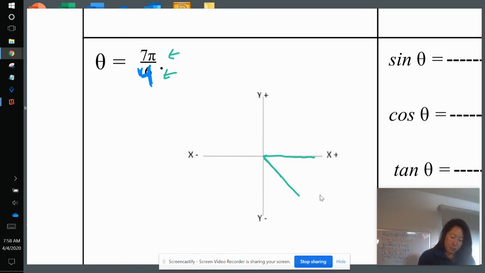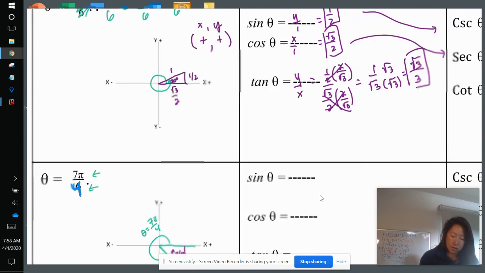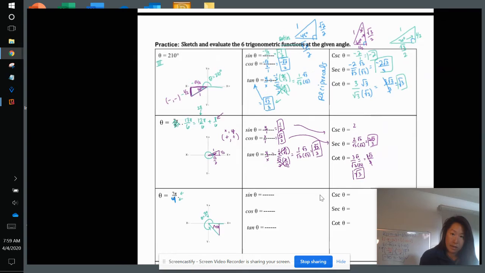The outside angle here, theta, is equal to 7 pi over 4. The inside angle is pi over 4, and that is our reference angle. So I'm going to be referencing the 45, 45, 90 triangle.